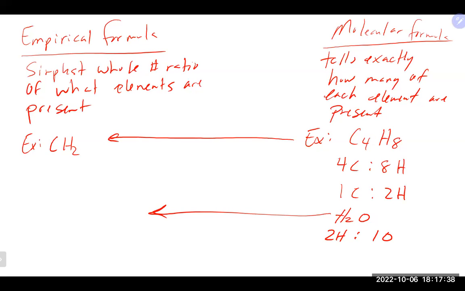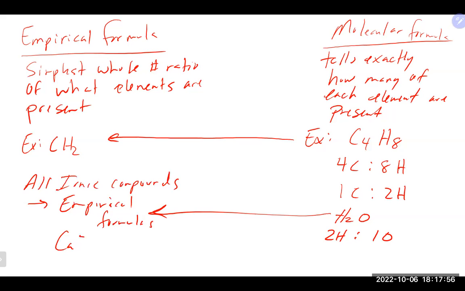All ionic compounds are always empirical formulas. So all ionic compounds, our formulas, are really empirical formulas. So when we do put them together, we always put them together in the simplest way that gets us to 0.